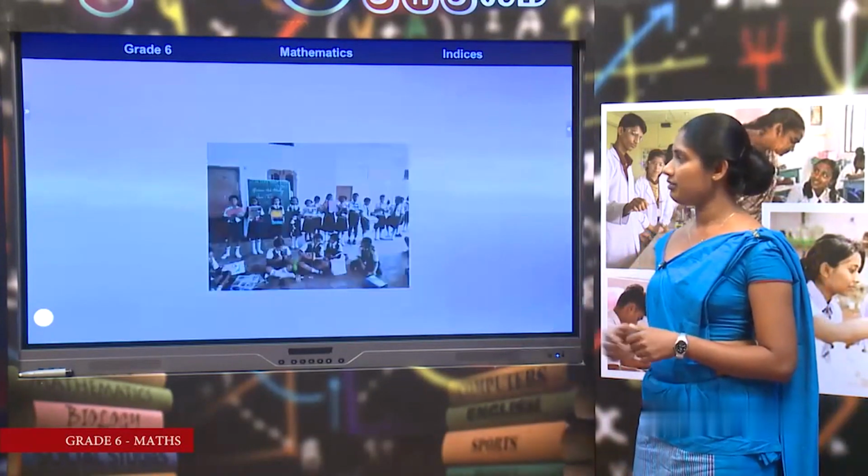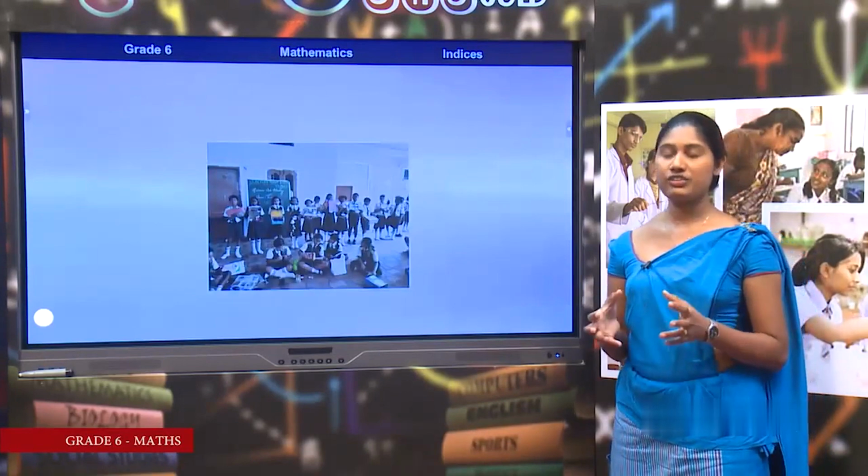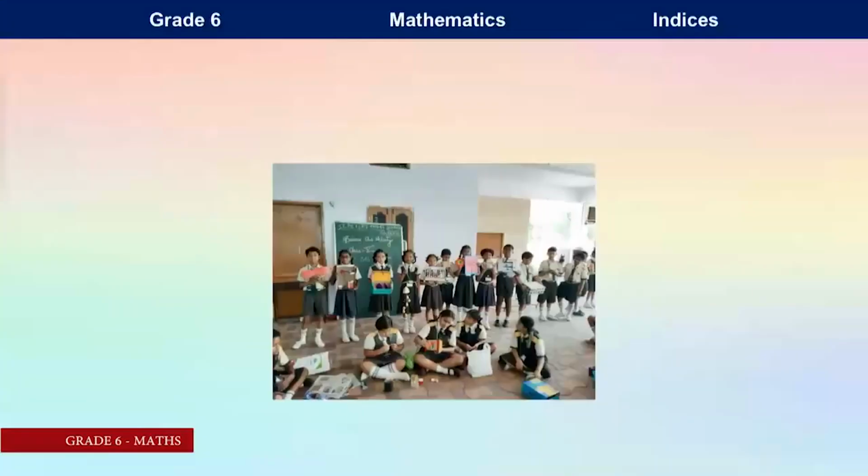Okay, we will see these children, students in the school. They are reading and they are doing their work. So, how many students are in our country? How many students are in grade 6 to 11? So, that is a very large number. When we write that number, it is a very large number. So, we can concise these numbers like this.